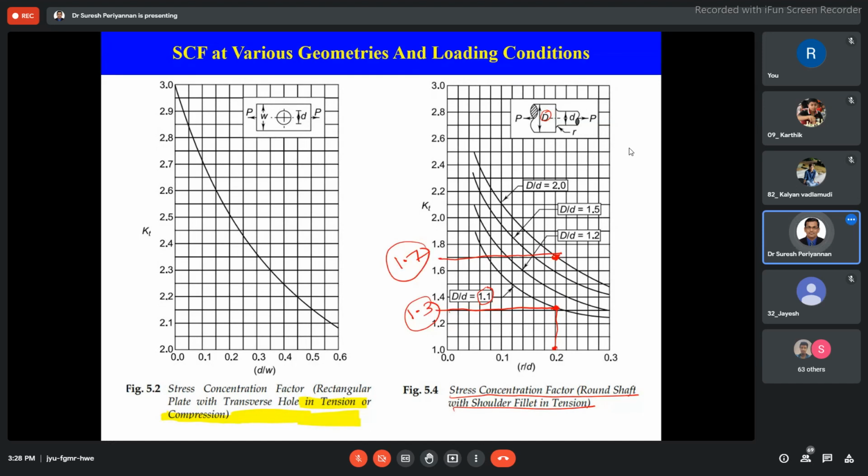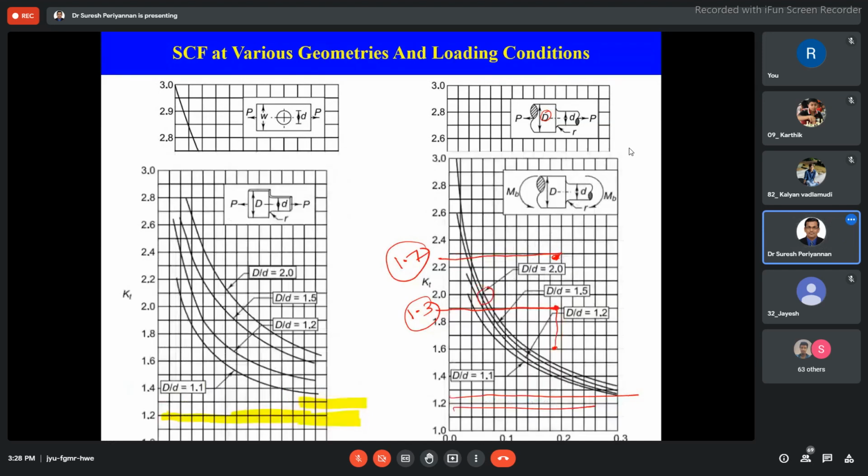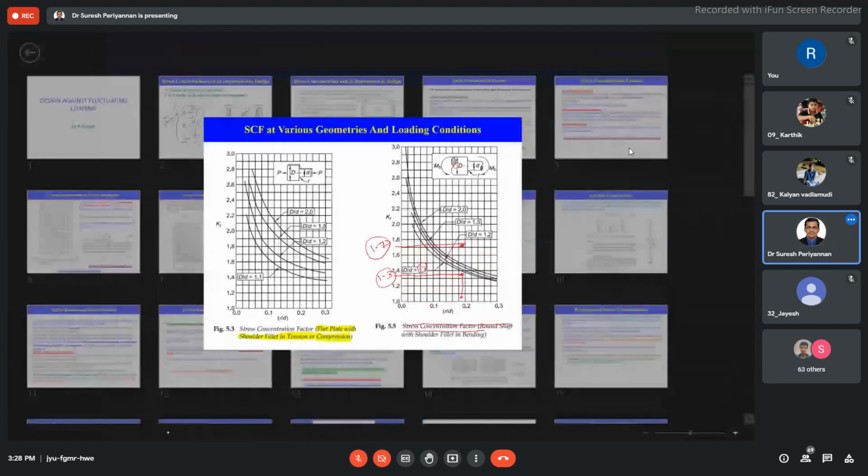Okay, now this is the stress concentration factor for the round bar subjected to tension, the round bar designed with a fillet. Now I come to the next figure.